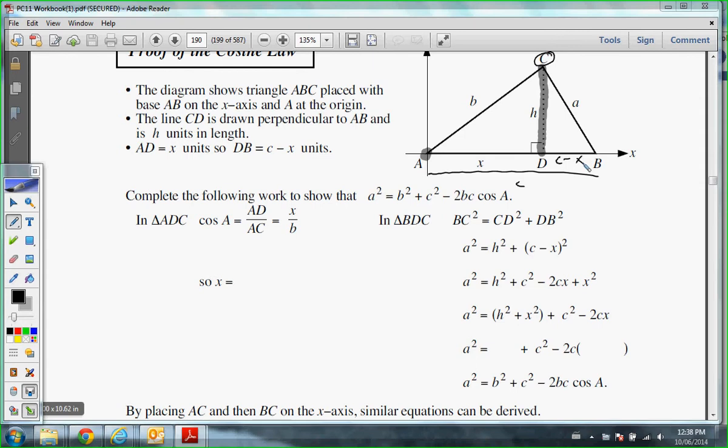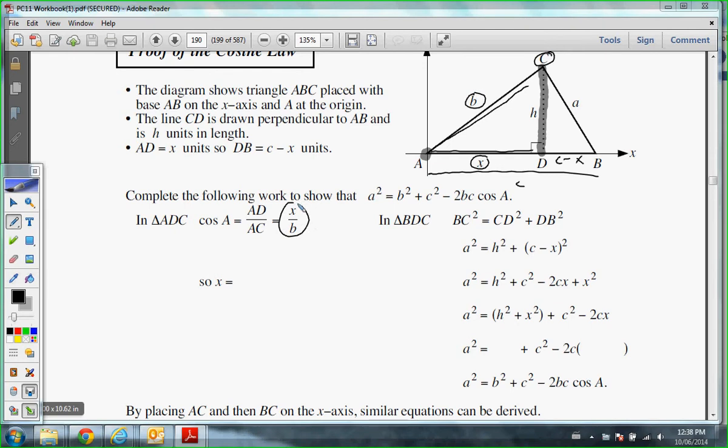That makes sense? Okay, so then what I'm going to do first here is cosine A equals AD over AC. So cosine of A is AD over AC, so adjacent over hypotenuse. That's the same thing as x over b. That's where they got this from.